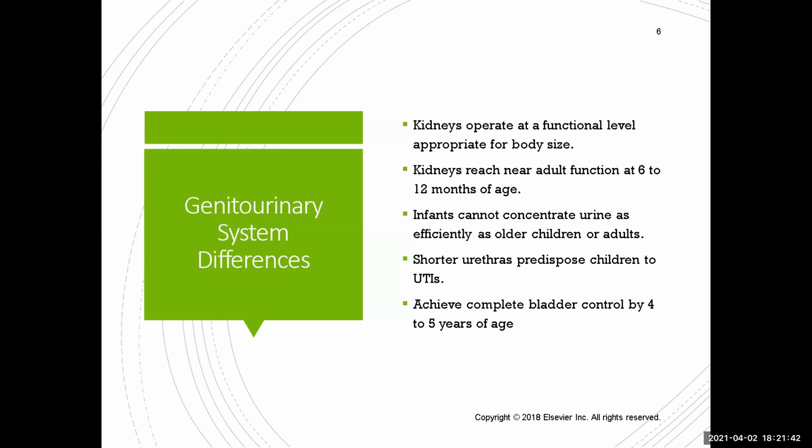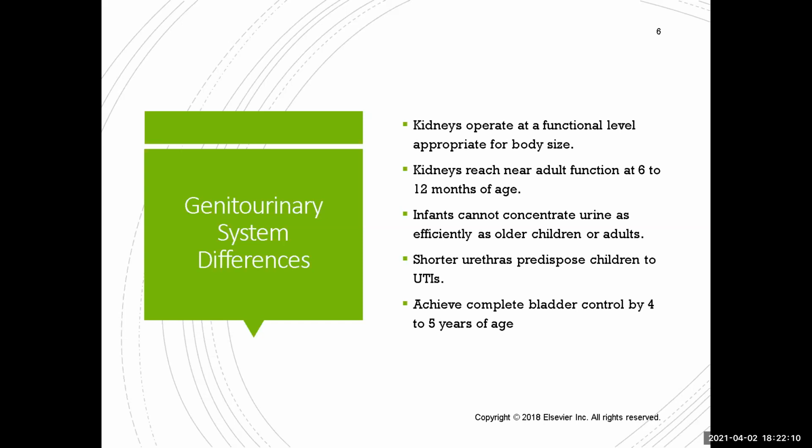They do near adult function at 6 to 12 months of age. Those of you who have now switched to the OB area, you think about the babies and how their kidneys and their liver, everything's still immature. Infants cannot concentrate urine as efficiently as older children or adults.